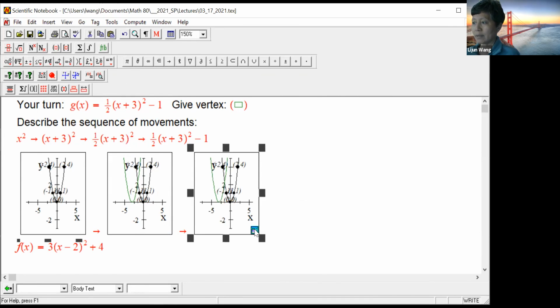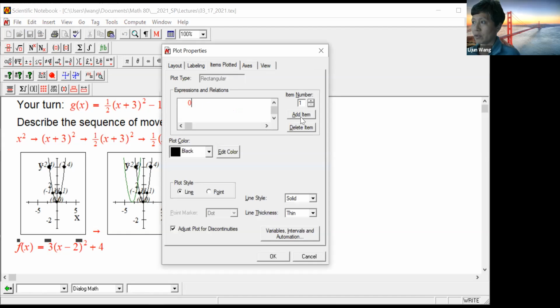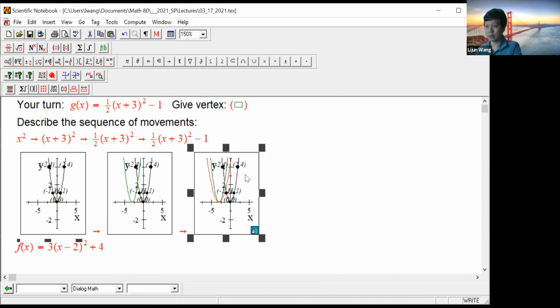And we recognize it's wider. This curve is going to be wider. And we're going to use a red color. You see the red one is wider. This is after multiply by half.